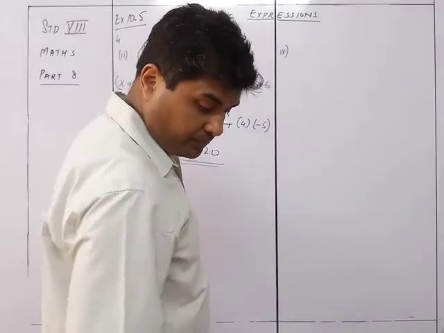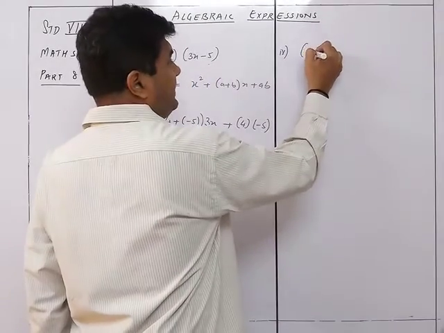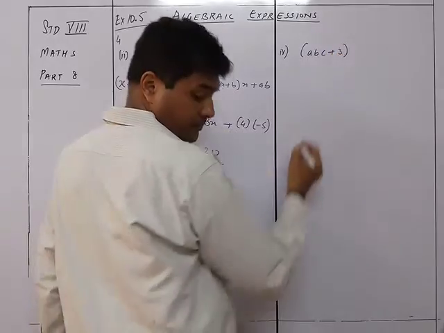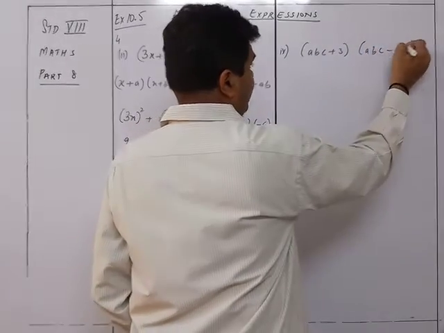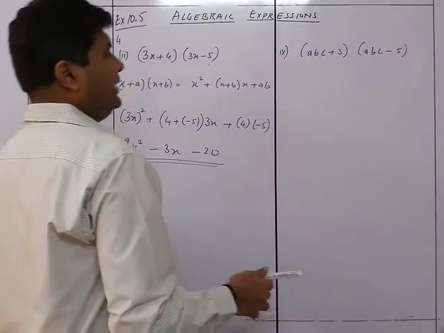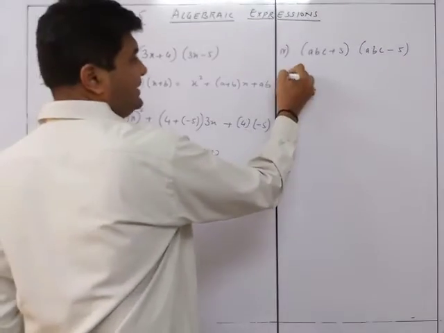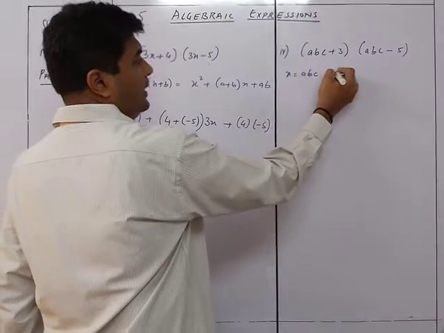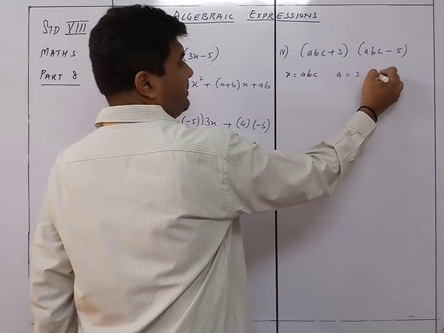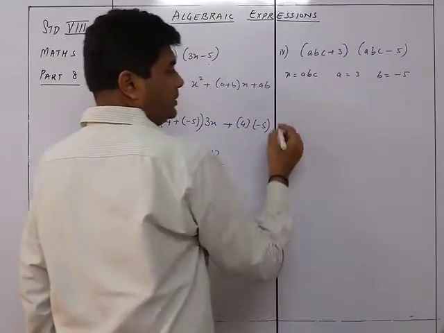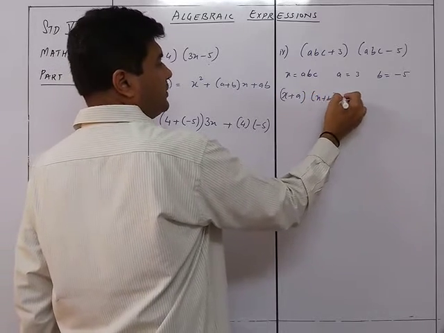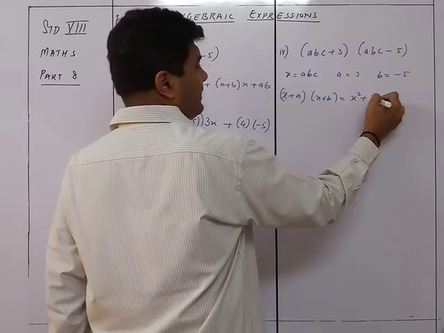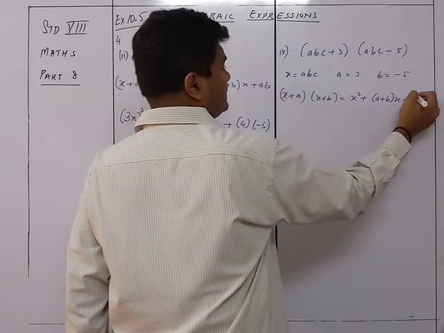The fourth one is ABC plus 3 into ABC minus 5. So my x is ABC, my a is equal to 3, and my b is equal to minus 5. So the equation is x plus a into x plus b is equal to x square plus a plus b into x plus ab.